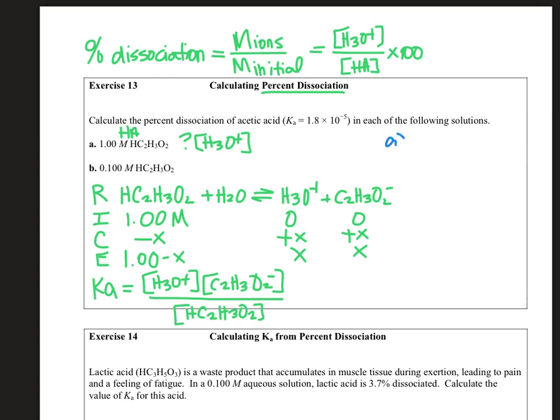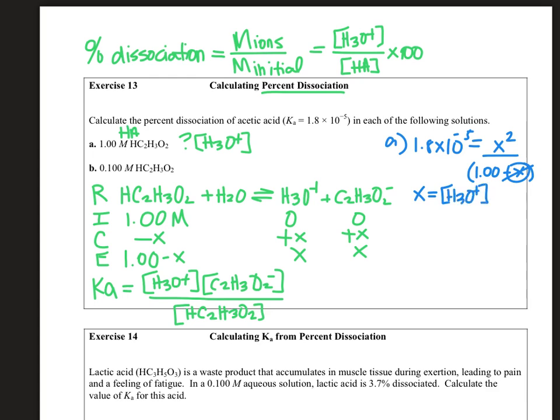So for A, we plug in the values that we have from that rice table. My Ka is 1.8 times 10 to the negative 5, and that's going to equal X squared, or X times X, over 1.00 minus X. Again, as always, we're going to neglect that minus X. We solve for X, and that's going to equal the H3O plus.